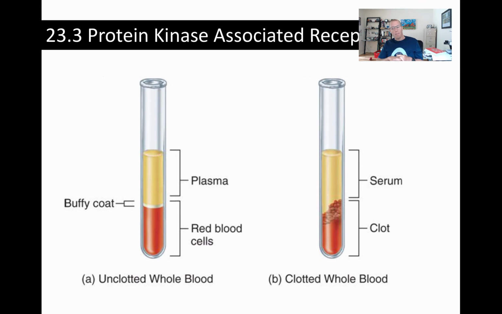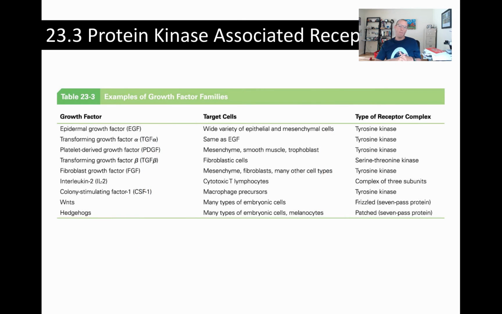And so the receptor for platelet-derived growth factor, or PDGF, is a receptor tyrosine kinase. So we'll probably take a look at receptor tyrosine kinases in the form of the PDGF receptor in a little bit. So just to give you an idea of some of these growth factors that you find in serum and the things they do, epidermal growth factor acting on a whole bunch of different types of cells, and its receptor is a tyrosine kinase.